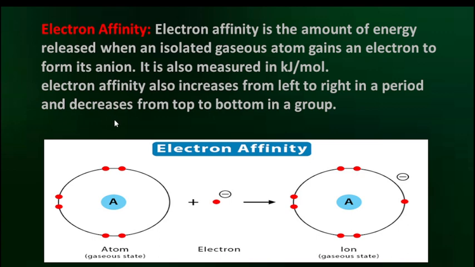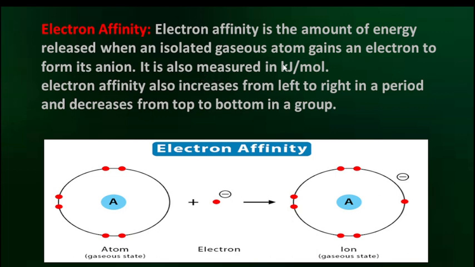Then electron affinity. Electron affinity is the amount of energy released when an isolated gaseous atom gains an electron to form its anion.